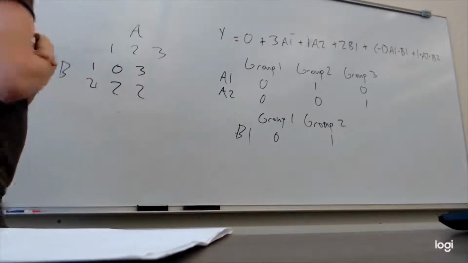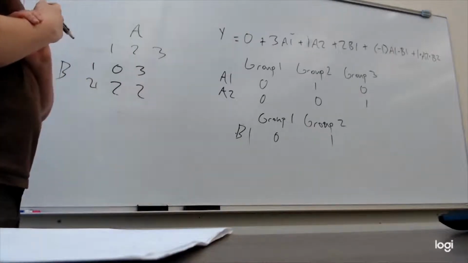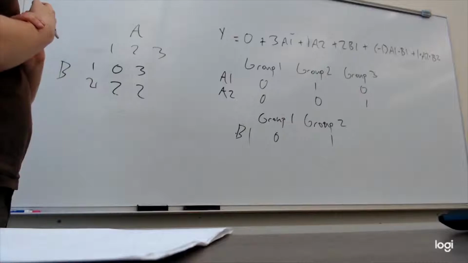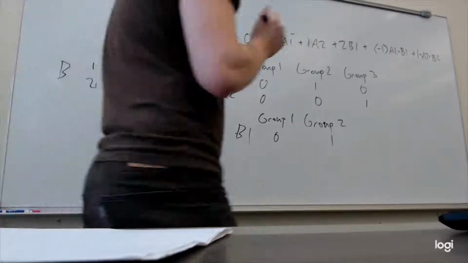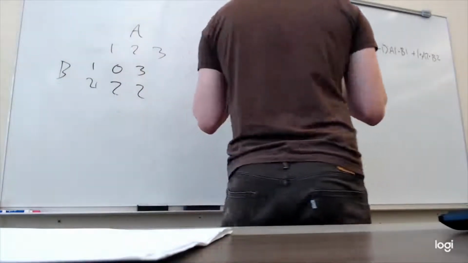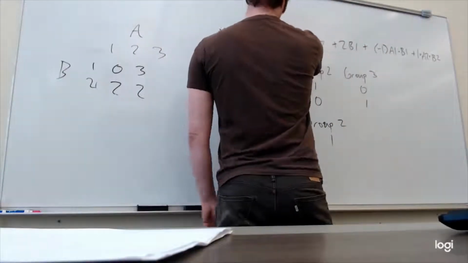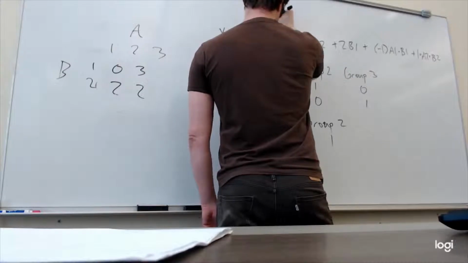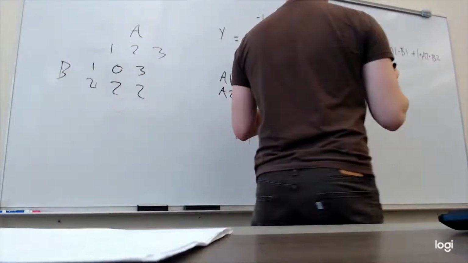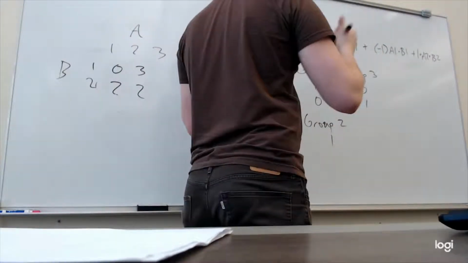Is there a way to plug numbers into that formula to get that value? I mean, one way you could think about it is that the interaction is -1 equals, well, a difference of differences.